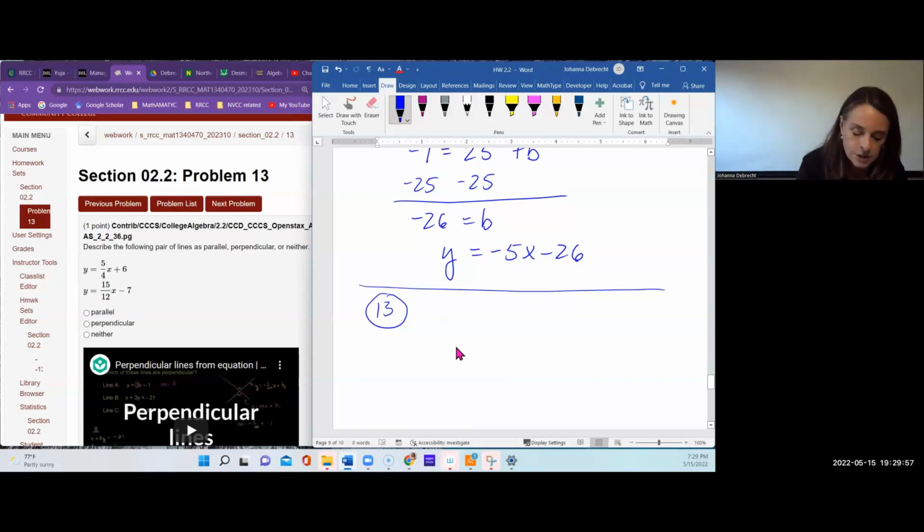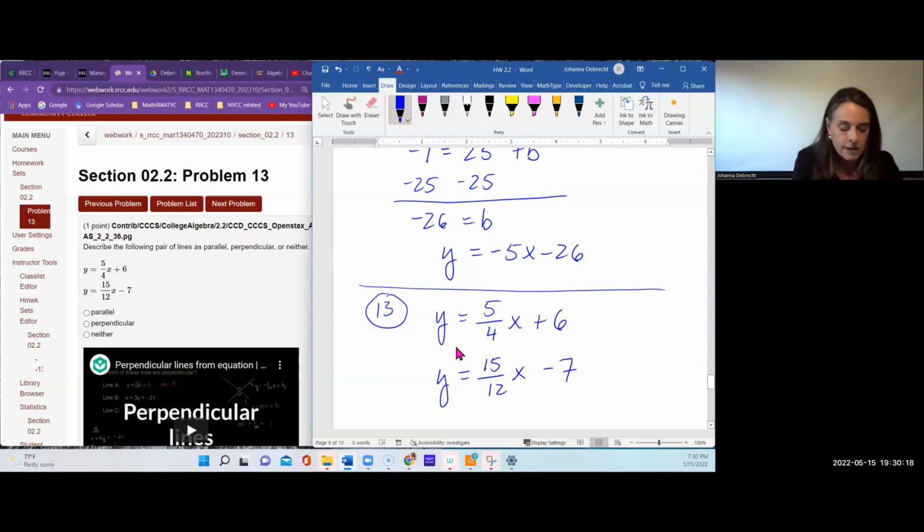We're going to look at these 2 lines. Make sure when you look at the lines that each is solved for y by itself and positive. On both of these equations, we want to make sure also that if we have fractions, we have reduced the fractions. In this case, we have 15/12, and they're both divisible by 3, so they're not reduced.